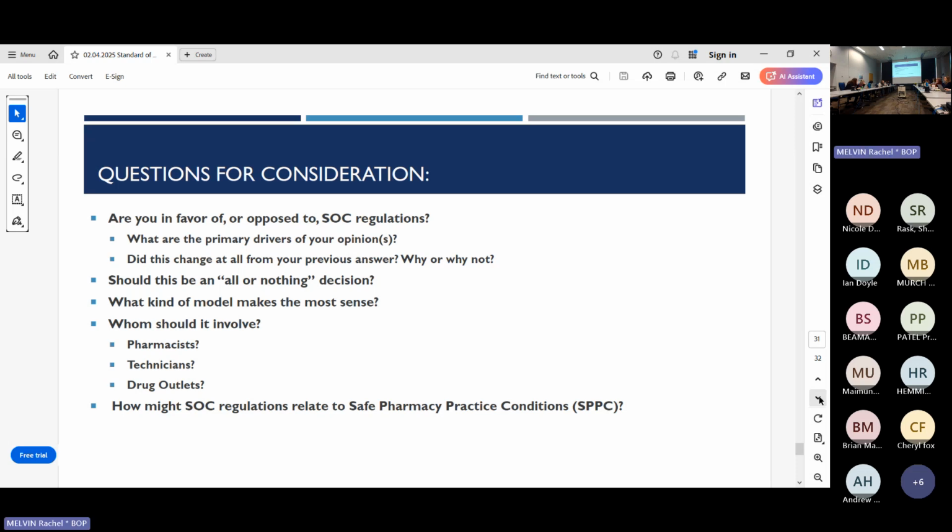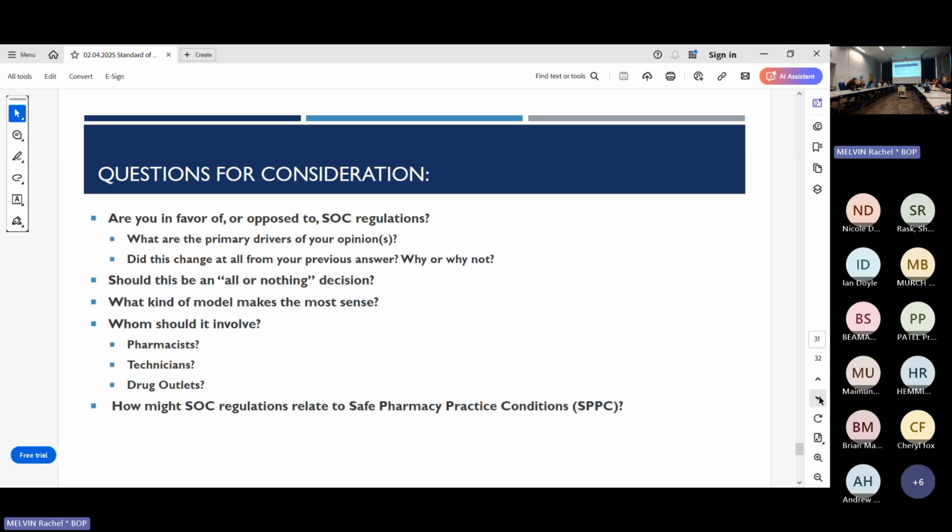In other words, does your answer start with something related to pharmacist needs, or is it something related to patient needs? Is it somewhere in between? Does it involve both, etc.? It's just a question to help you identify where your opinion lies.